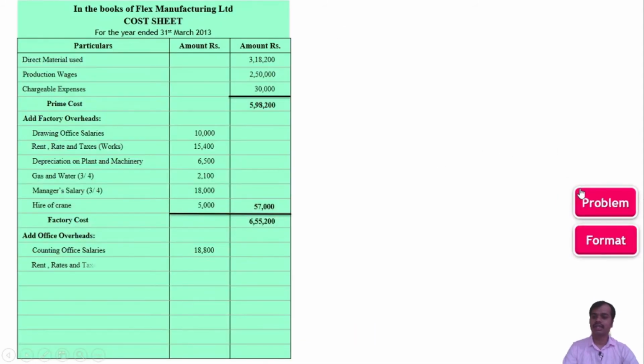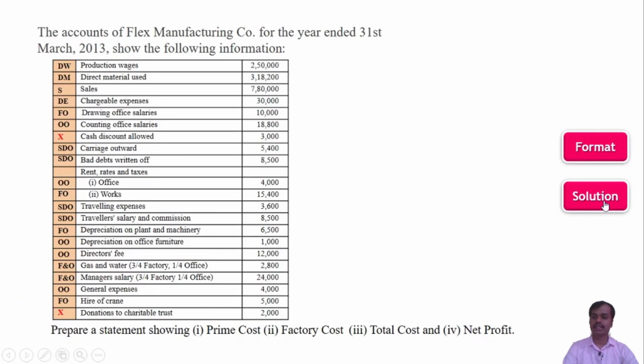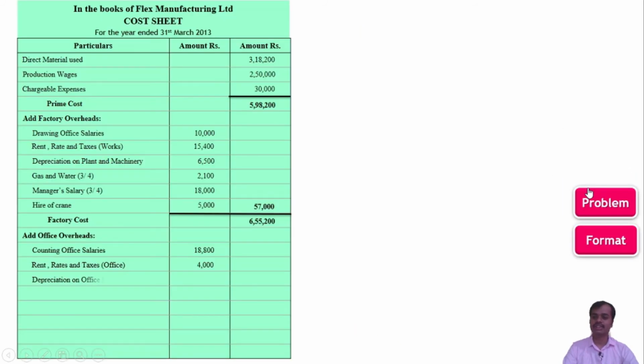Let's take rent, rates and taxes for office 4,000. Next item after rent rates is depreciation on office furniture, 1,000. Let's take depreciation on office furniture rupees 1,000.